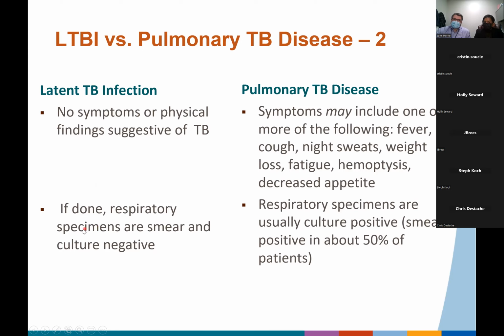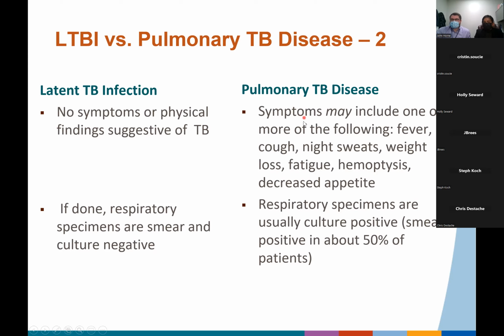If you do specimens and smears, they'll be negative, their imaging looks okay, and it doesn't look like they have an active infection at this time. But if you're not sure, you can still put them into isolation and do these sputum smears and check. That's still a good idea, and we'll talk about isolation a little bit more later. But that's latent TB versus active TB.